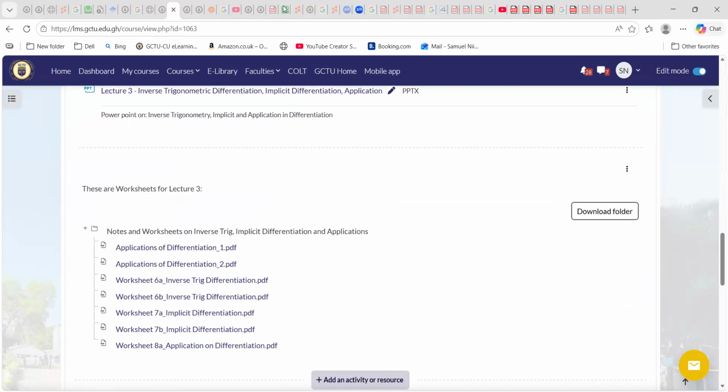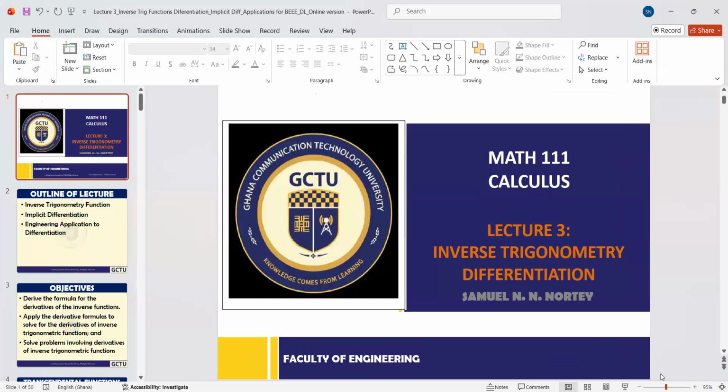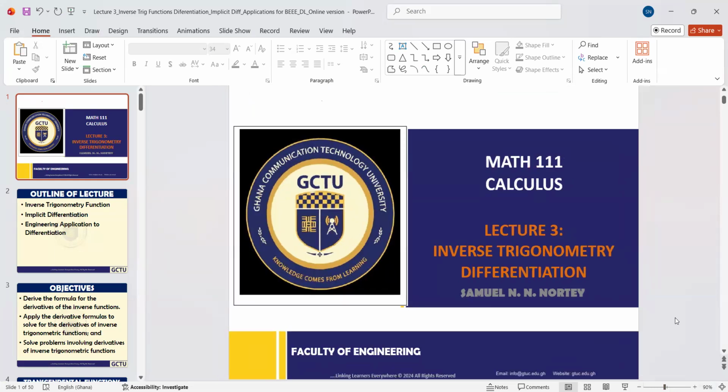Let's go straight into the PowerPoint to explain what inverse trig functions are. I'm going to take them one by one, and we'll try to do as many examples as possible so that we won't leave here unfamiliar with the method.